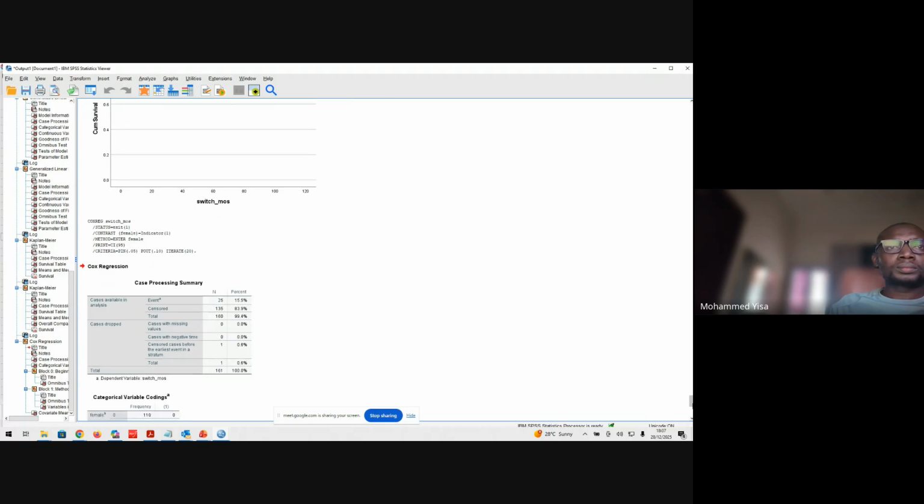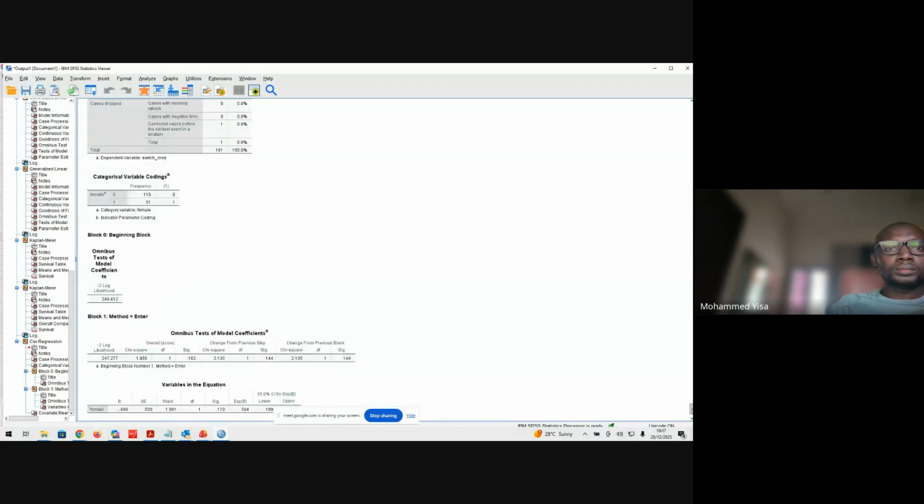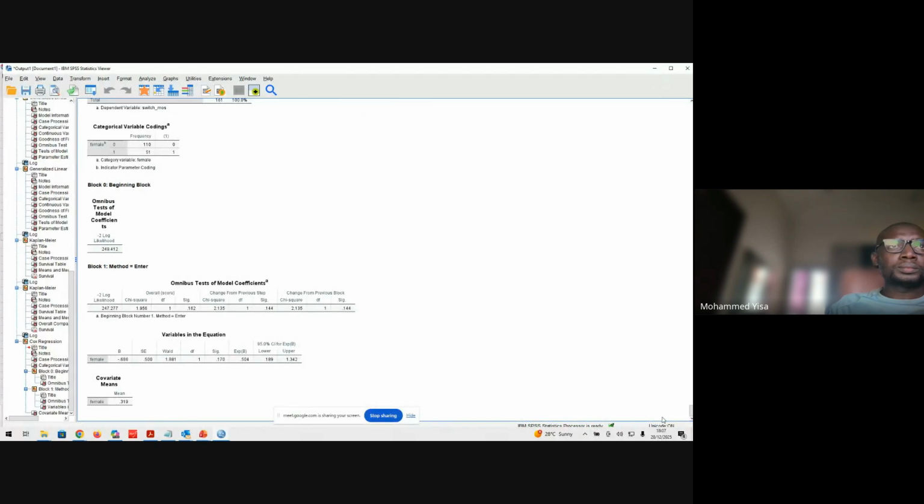And then again, it's giving us a summary of the processing, and also a summary of the categorical variables. Now, again, this is just a representation of the model without our variable.